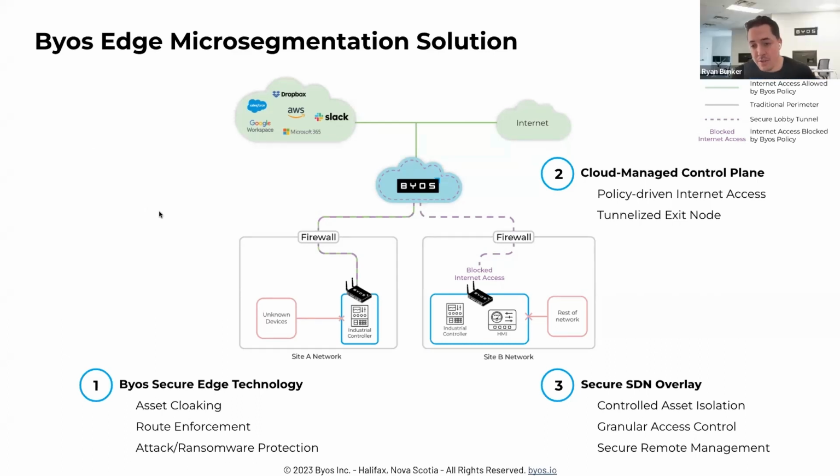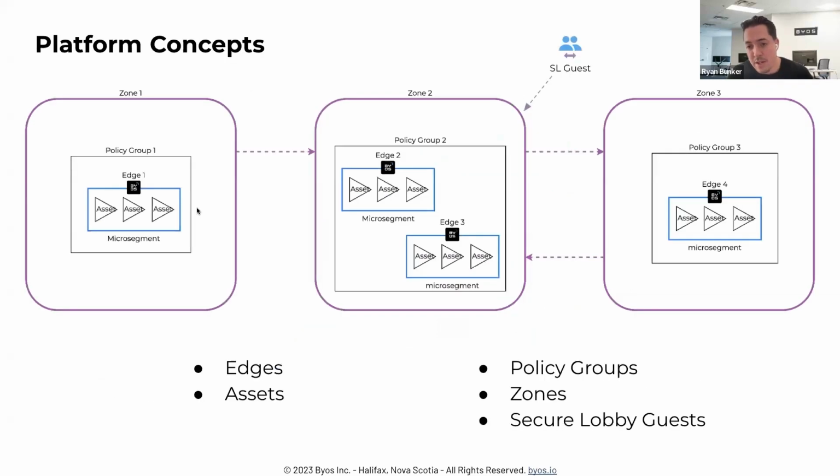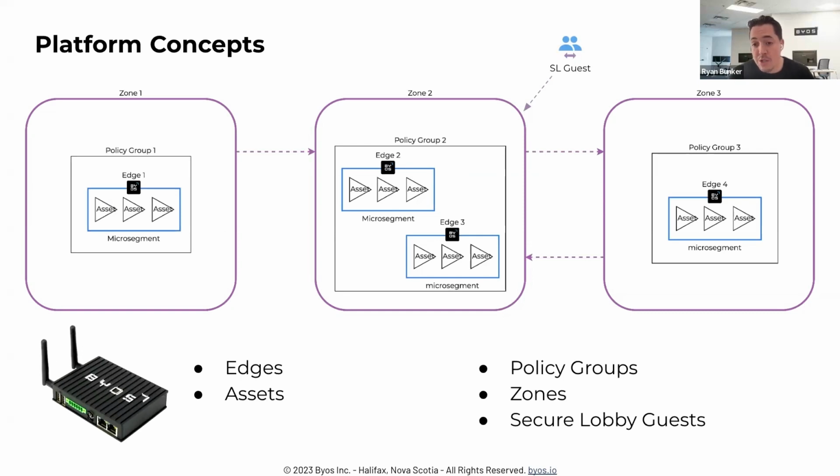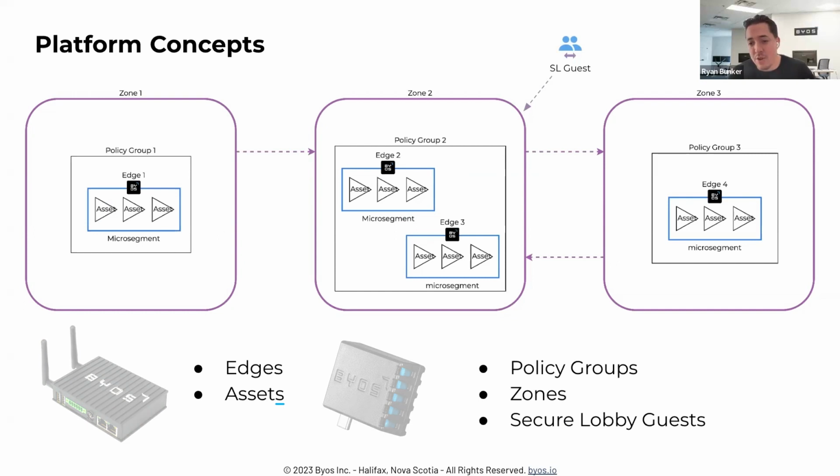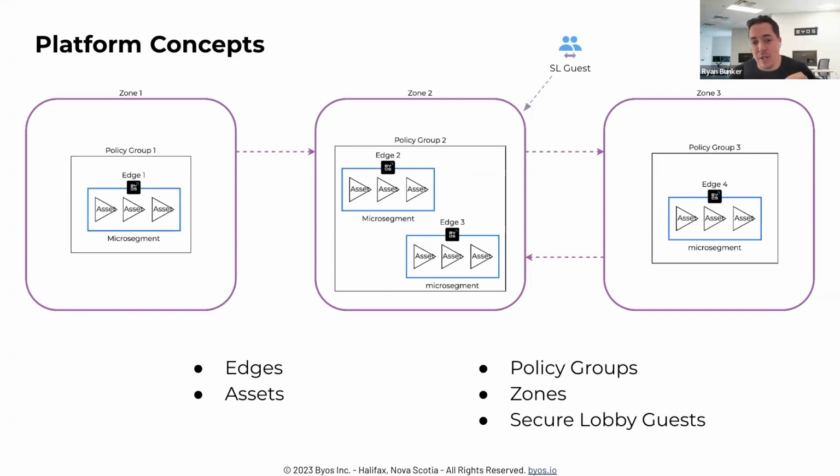Yeah, that's great. And so let's actually dive into some of those terms that we were just using, right? So edges, those are the Byos Secure Edge technology, either our gateway edge form factor or our endpoint edge form factor. The assets, those are the machines that are connected to Byos that are within the protected microsegment.